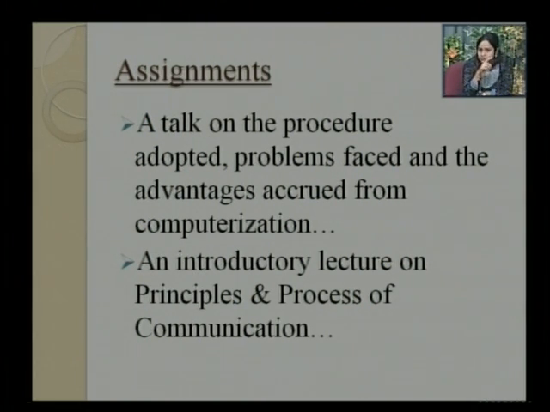Your assignment is what kind of visual aids you will use. You have to describe how you are going to use them and why you are selecting particular visual aids.